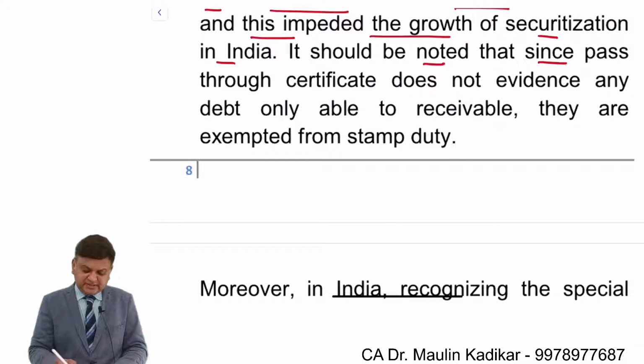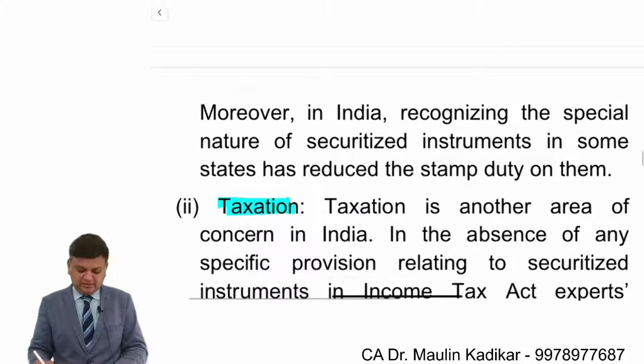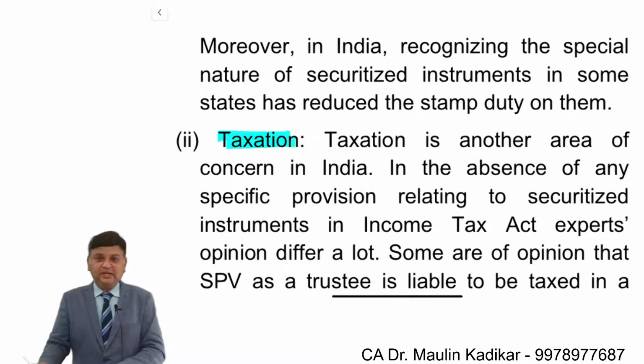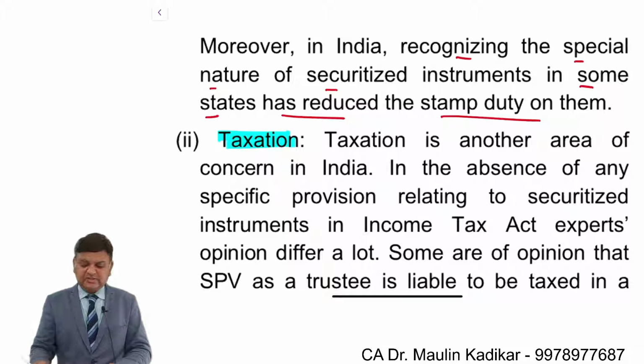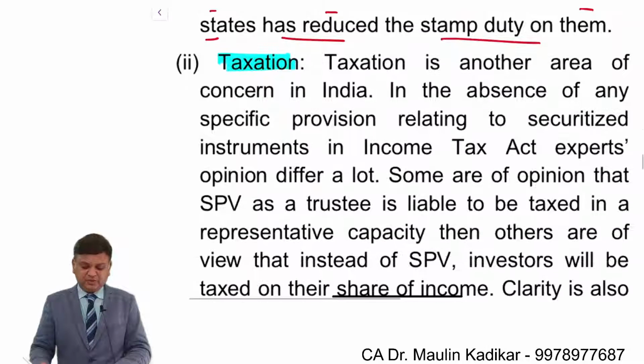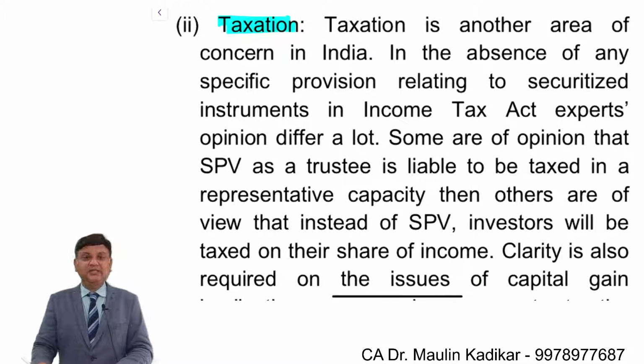It should be noted that since a pass-through certificate (PTC) does not evidence any debt, only a right to receive, they are exempted from the stamp duty. Moreover, recognizing the special nature of securitized instruments, some states have reduced the stamp duty on them, making an effort to encourage the securitization process.